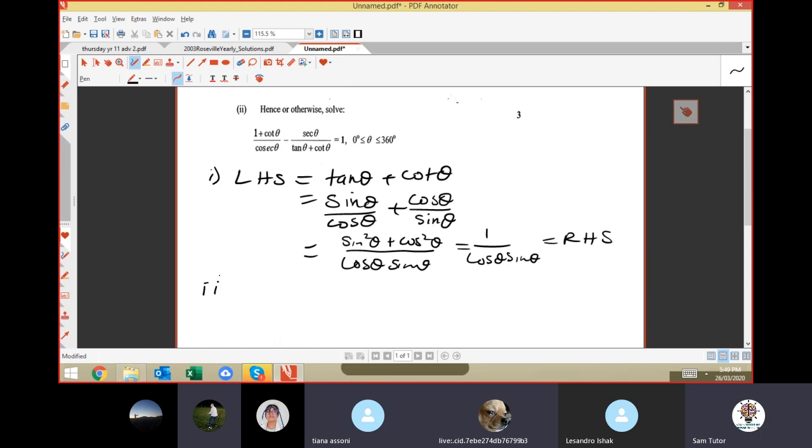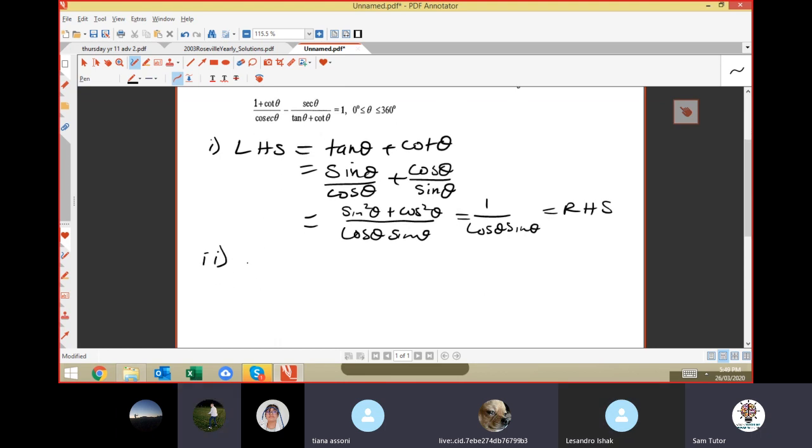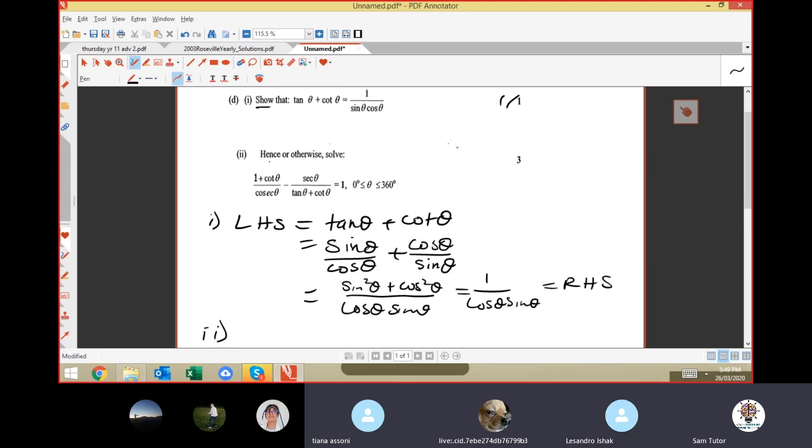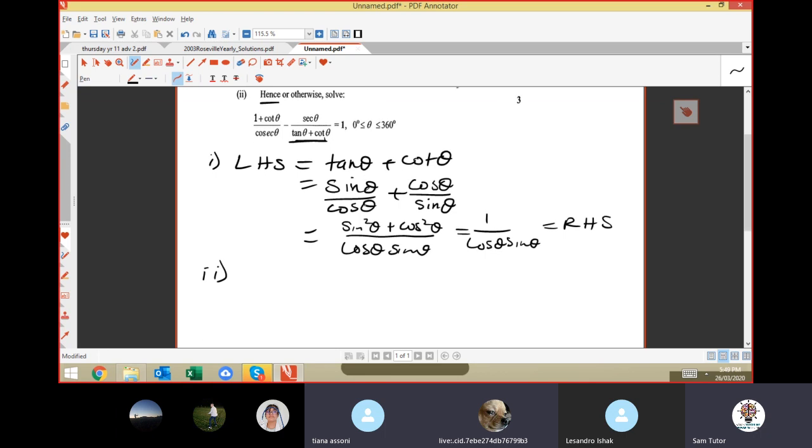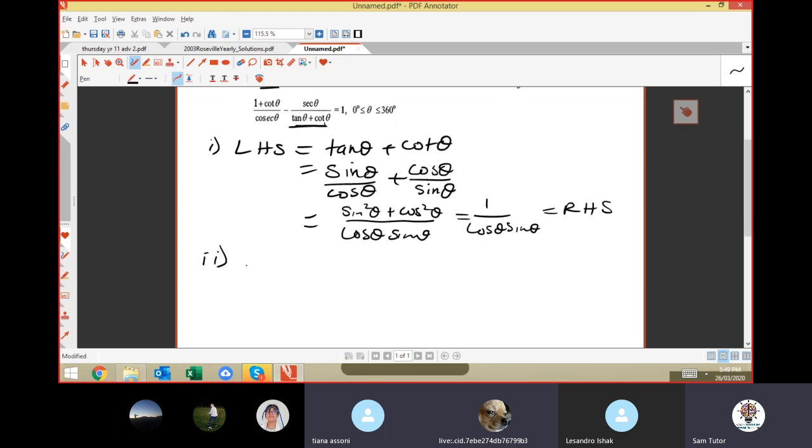Part 2. All right. Hence or otherwise solve this. Hence or otherwise. All right, obviously you have to use this. So for this, tan theta plus cot theta, we've got to use 1 on sine theta cos theta. Worth 3 marks, which means it's going to take us some time. Here we go.